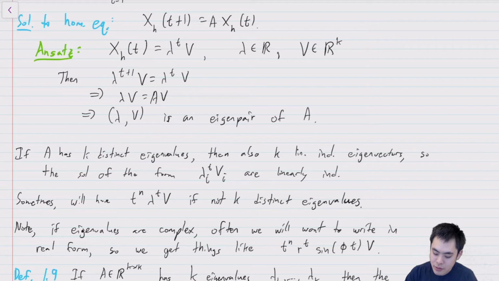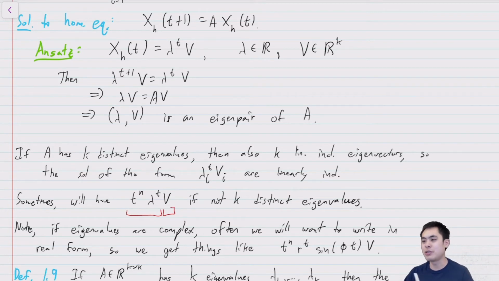So this part here. Here it's slightly more complicated because even if you don't have k distinct eigenvalues and you have multiplicity, you also have this additional v here, which allows you to get linear independence even when the eigenvalue is the same. And so you still will get solutions of this form, but it's not as clear-cut.